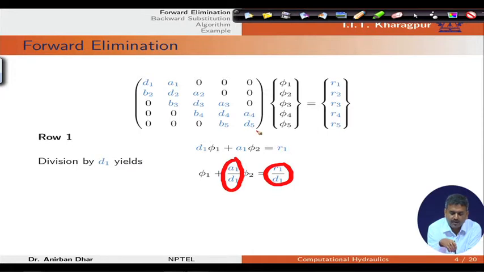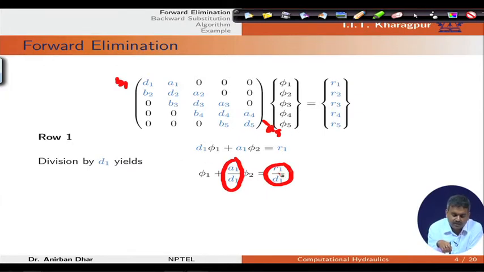These are some initial values, but the interesting thing is that we are using the storage structure for B1 to B5, D1 to D5 and A1 to A5.